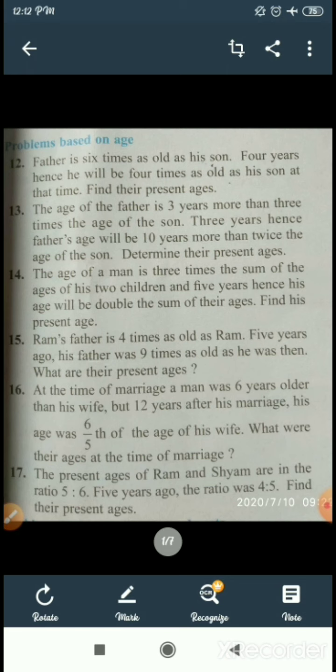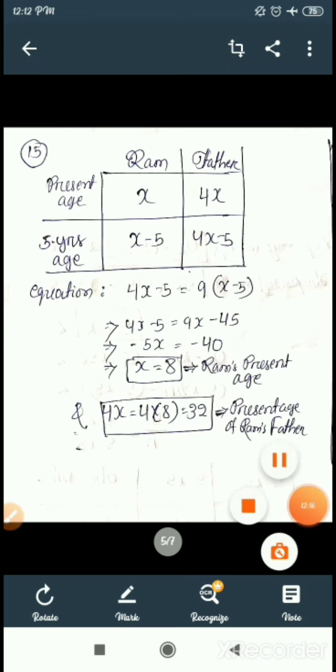Ram's father is 4 times as old as Ram. So let us take Ram's age equal to x. According to the question, Ram's father's age is 4 times Ram's, so father's age will be 4x.